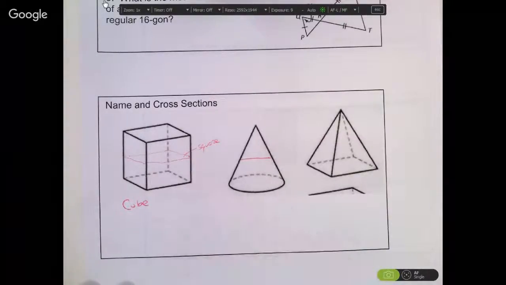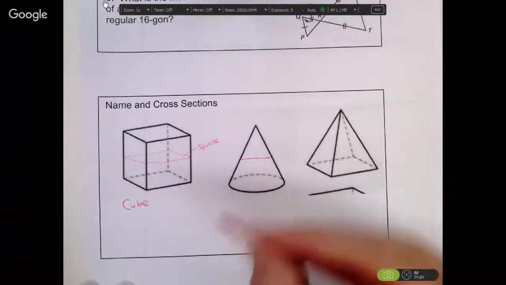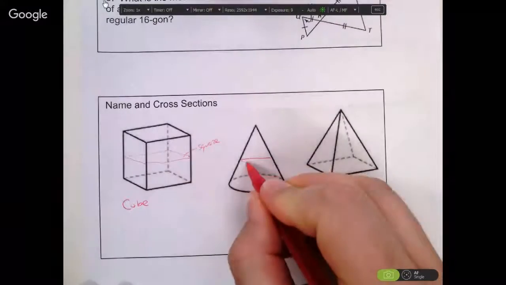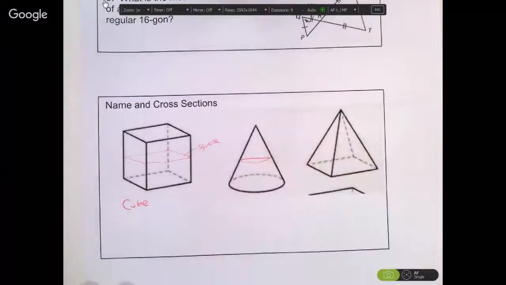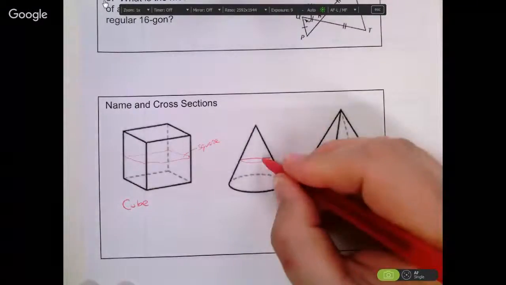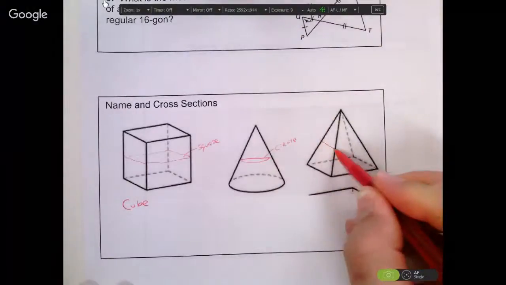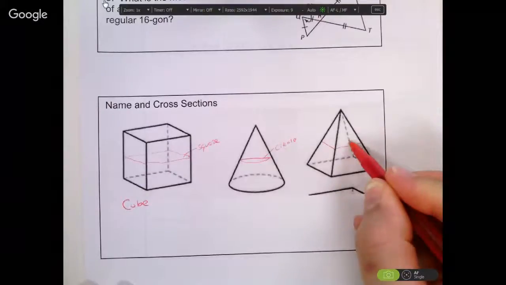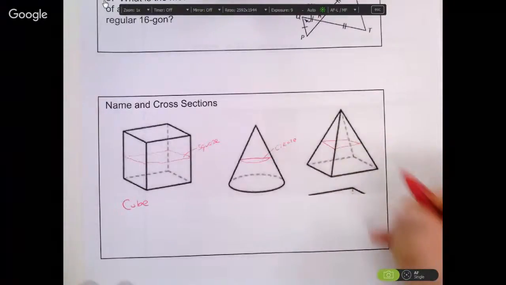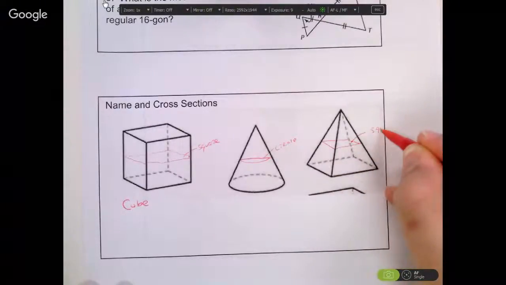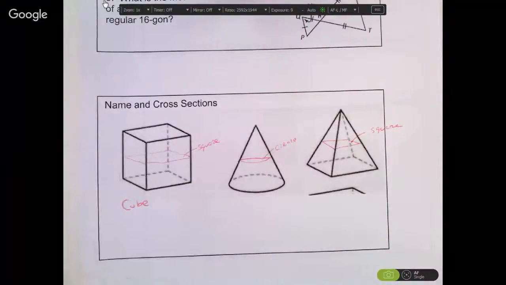If this is parallel to its base, what shape is that? It's a circle. Maybe I didn't draw it very well, but this is how it would look when I cut it. If I cut this thing parallel to its base, that's a square. So whatever its base is, that's what it's going to be.